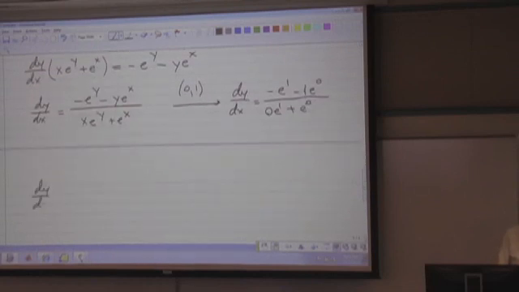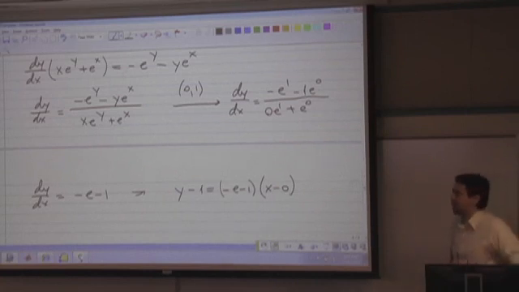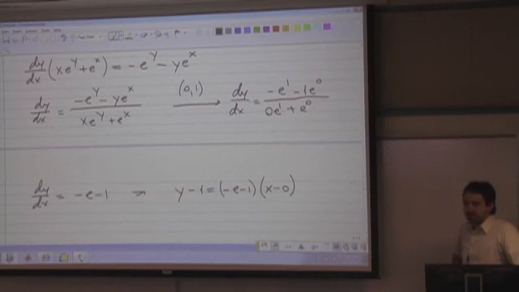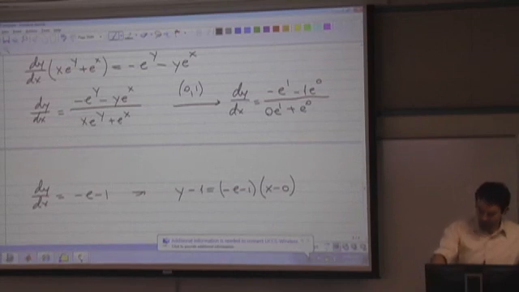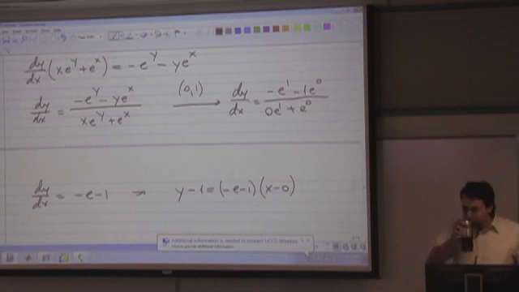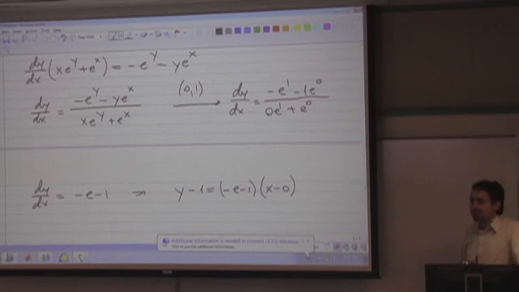And so dy dx will just be minus e minus 1, which gives my equation of that nature. Okay, anything else?